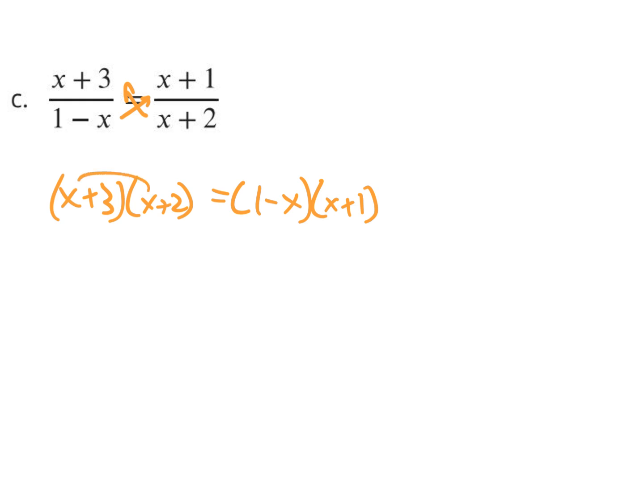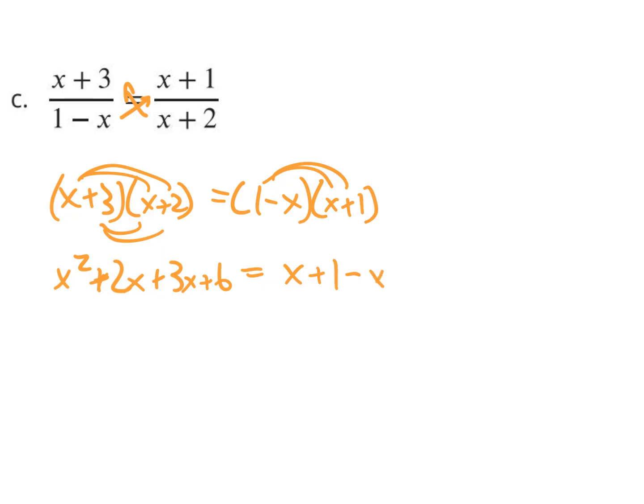All right, so distributing: x squared plus 2x plus 3x plus 6 is equal to x plus 1 minus x squared minus x.